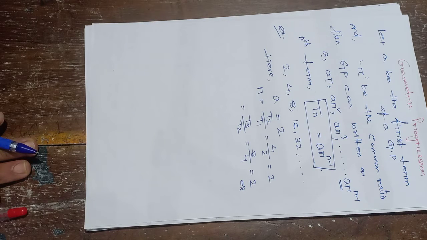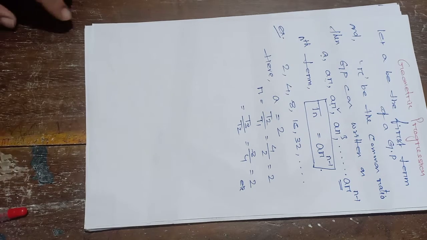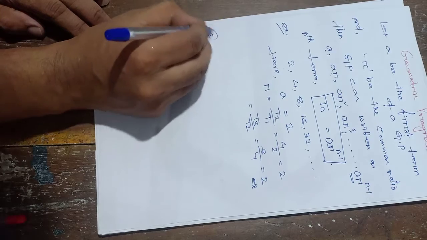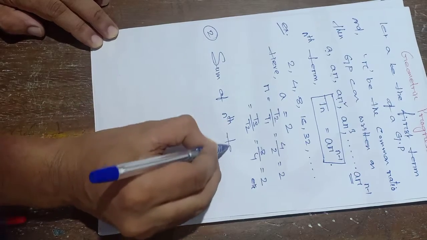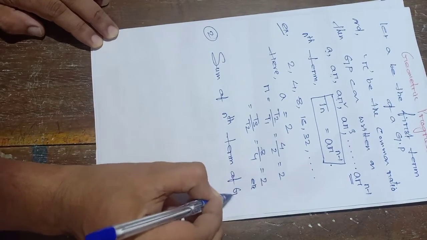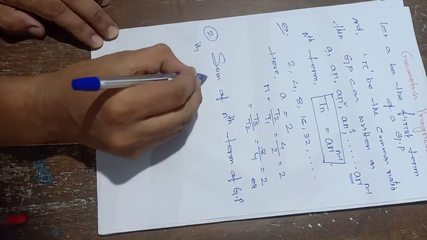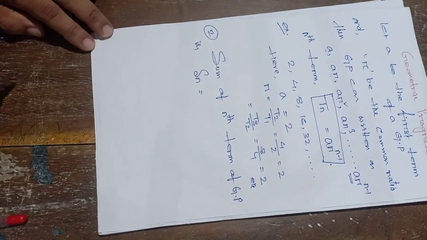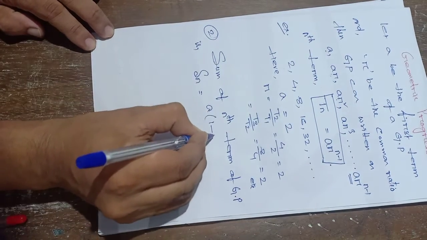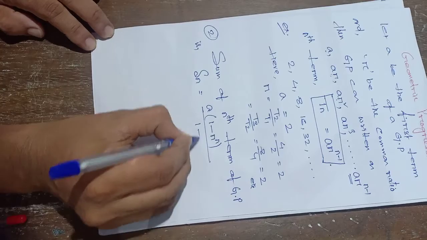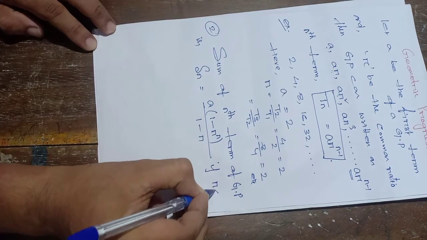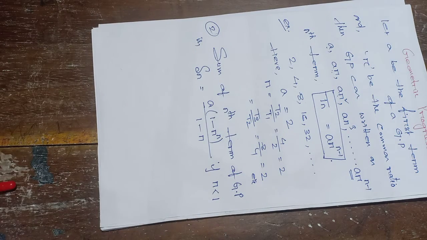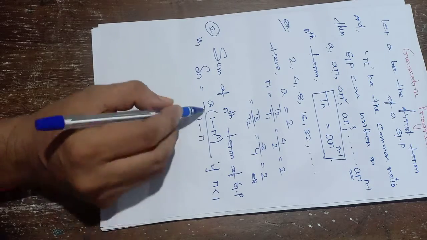Like arithmetic progression, we can find the sum of n terms of a GP series also, and the formula for the sum of n terms of GP is Sn equals a into 1 minus r to the power n divided by 1 minus r, if r is less than 1.